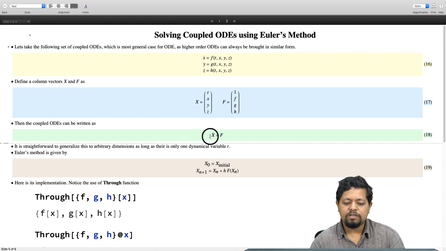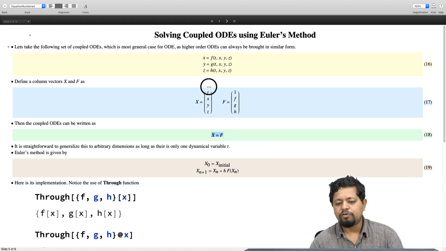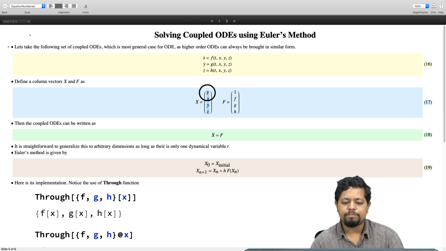Now you see that the first equation, X dot equal to F, is a matrix equation, so it's a set of 4 equations because X has 4 dimensions: t, x, y and z. The first equation is kind of a trivial one, which is dt over dt is 1. So the first equation is saying that the time derivative of time with respect to time is simply 1.